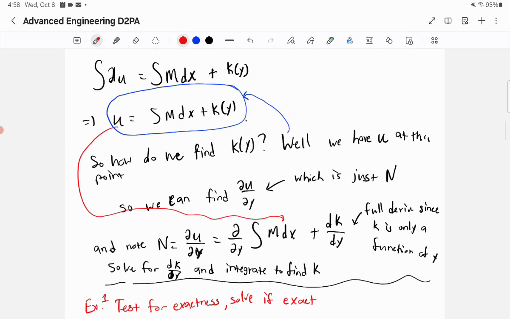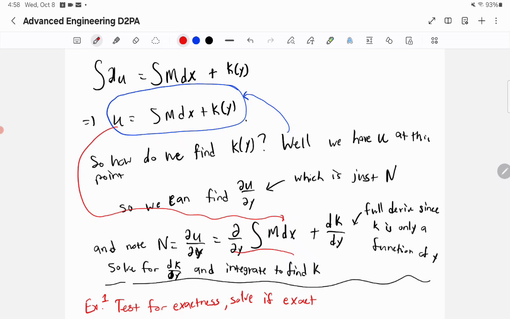So basically, we integrate first with the part with M. Then we can integrate the part with this.